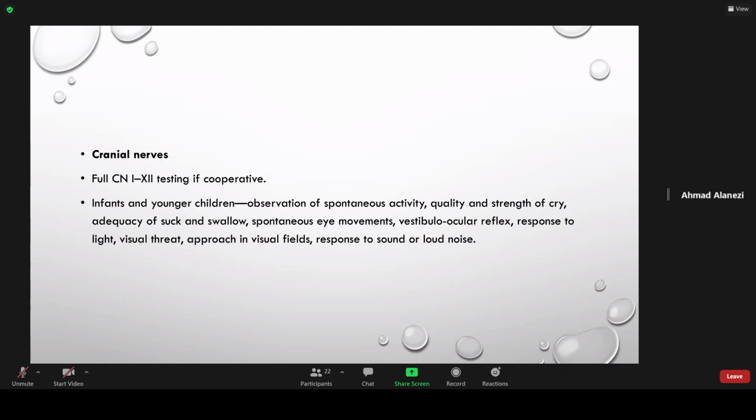We don't usually do visual threats, but this is if you want to assess corneal reflex. You assess roughly the visual fields. You try to distract him with another toy from peripheral vision and see how he responds to that. So all those give you a clue.